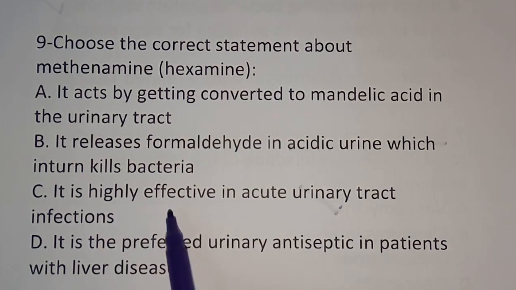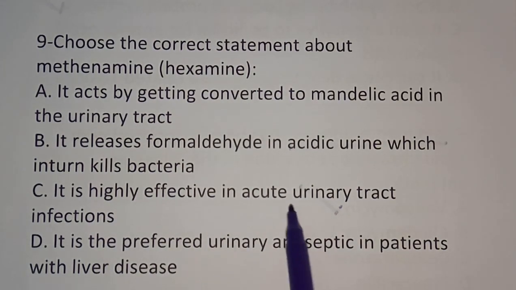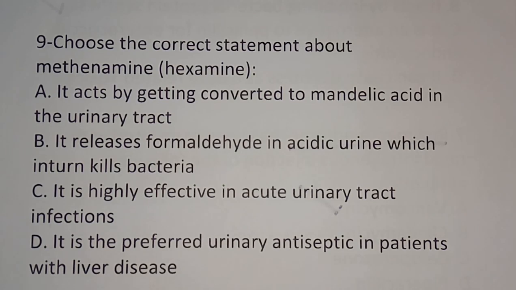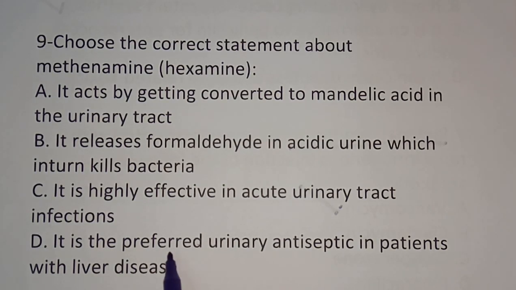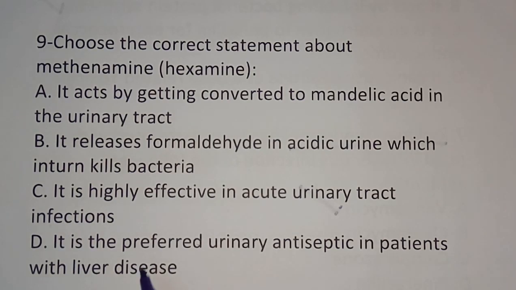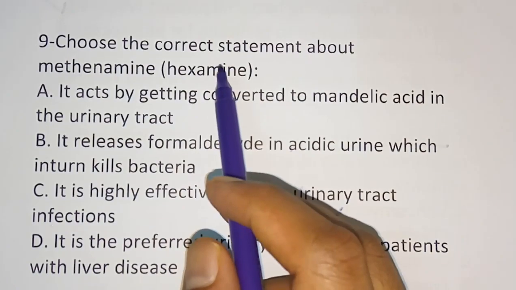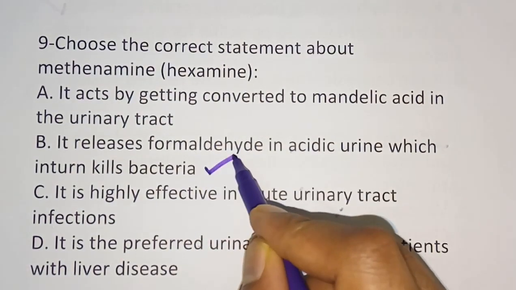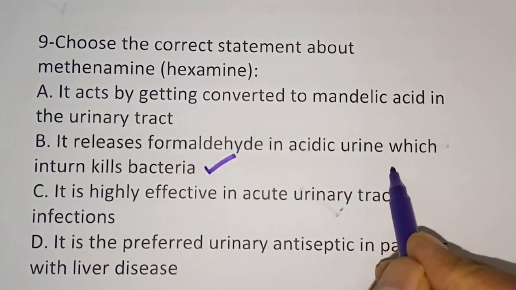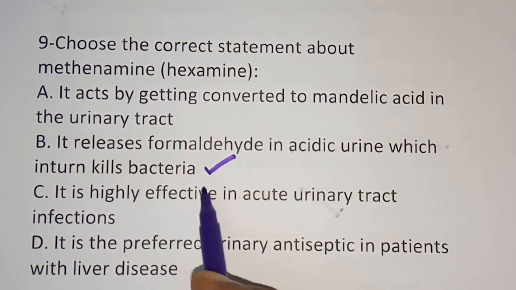Option C, it is highly effective in acute urinary tract infection. Option D, it is the preferred urinary antiseptic in patients with liver disease. The correct answer is option B, it releases formaldehyde in acidic urine, which in turn kills the bacteria.